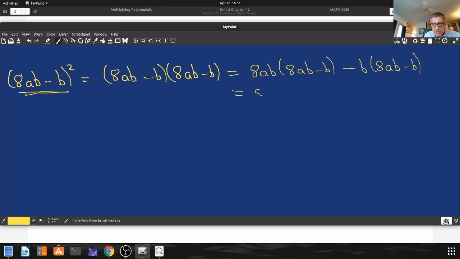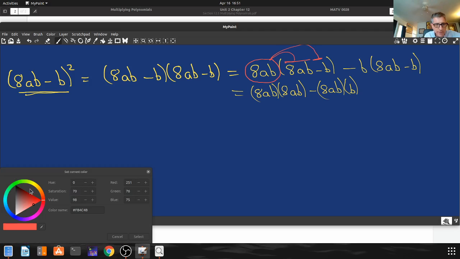So this is equal to 8ab times 8ab. And this is equal to minus 8ab times b. So all I'm doing here is taking this term right here, multiplying it by this, and then multiplying it by this.